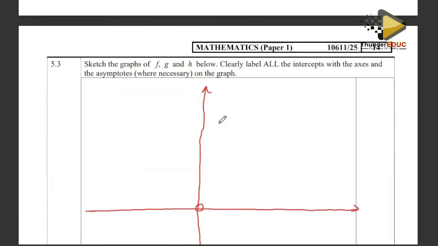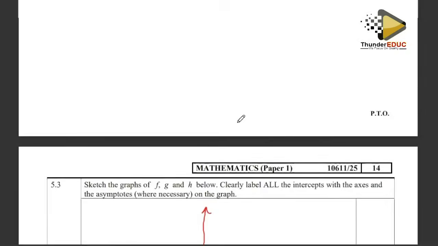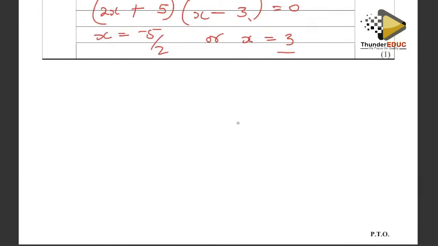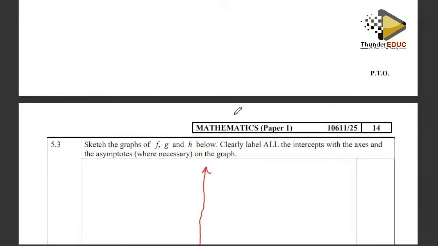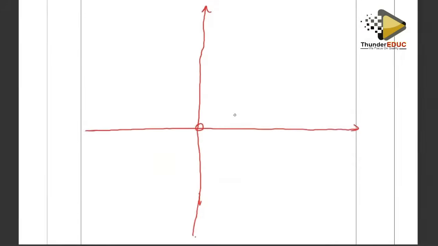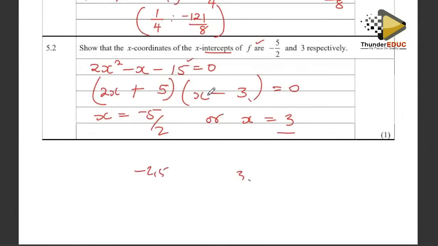Okay, so with f, we know that the points of intersection, we said -5/2 and then a 3. Let's start with that. So if this is a 3, -5/2 should be somewhere there. Do we know the y-intercept? We say the y-intercept is -15.